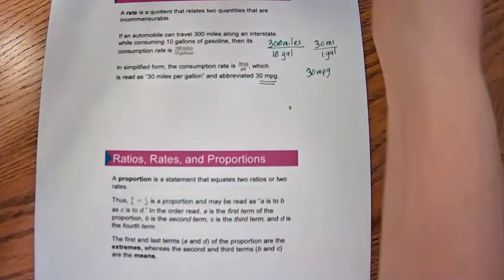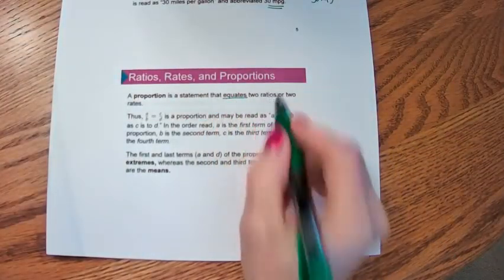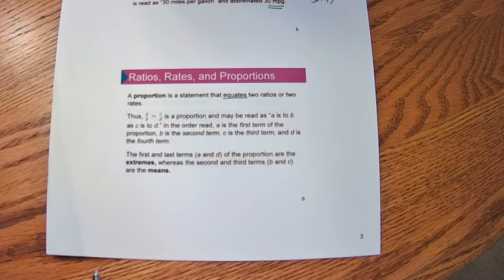So now a proportion is a statement that equates, meaning there's an equal sign, two ratios or two rates.